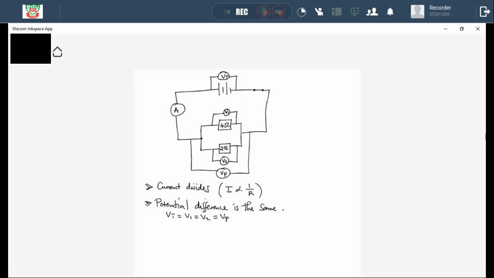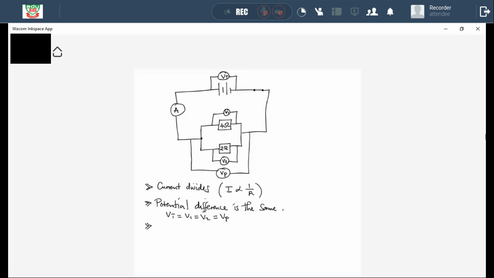Then lastly, friends, I'm going to look at resistance, right? Remember with the series circuit, we said resistance increases with increase in number of resistors, which is the opposite of what happens in a parallel circuit.